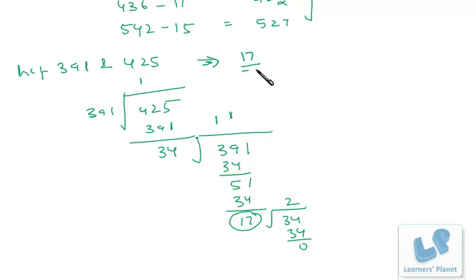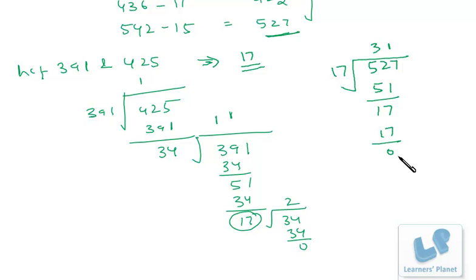Now what we do in the next step, we'll find out the HCF of 17 and this 527, because in the first case we took 391 and 425. Now we will take 17 and 527. So let's see what is the HCF of 17 and 527. Straightforward, we divide 527 by 17. So 17 threes are 51, 17 seven is 119, and remainder 0.